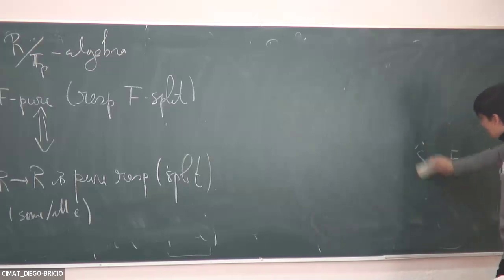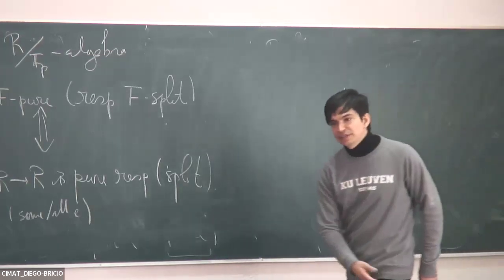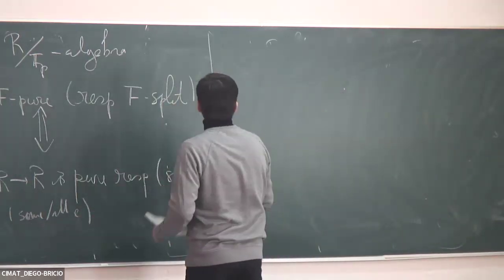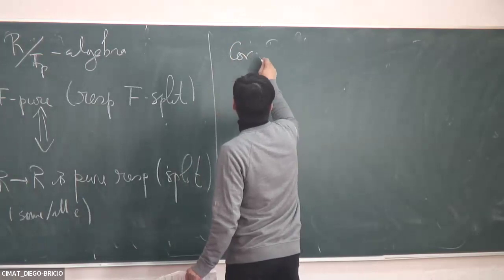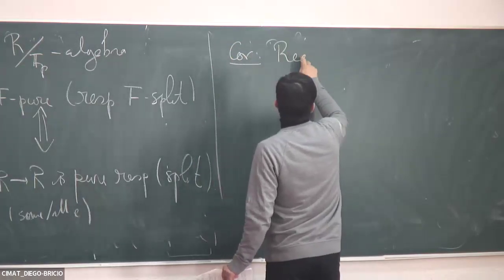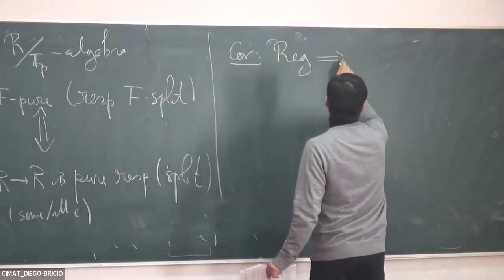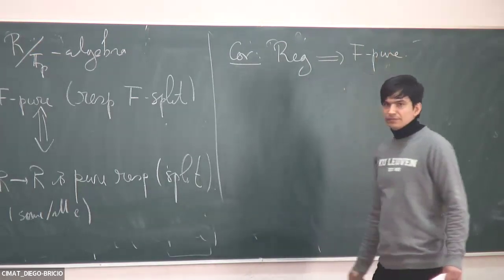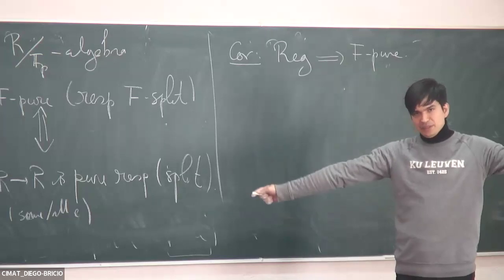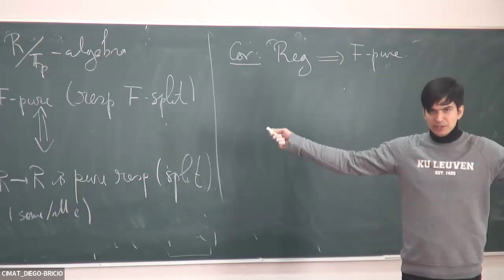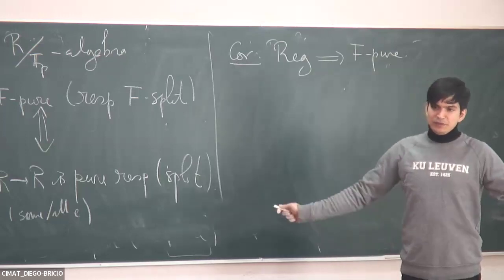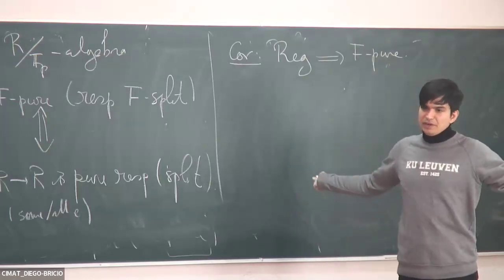Well, regular rings are those rings for which Frobenius is faithfully flat, and faithfully flat implies pure. So the first corollary that we get is that all regular rings are F-pure. Again, Kunz's theorem says regular equals Frobenius is faithfully flat, and faithfully flat implies pure, therefore they are F-pure.